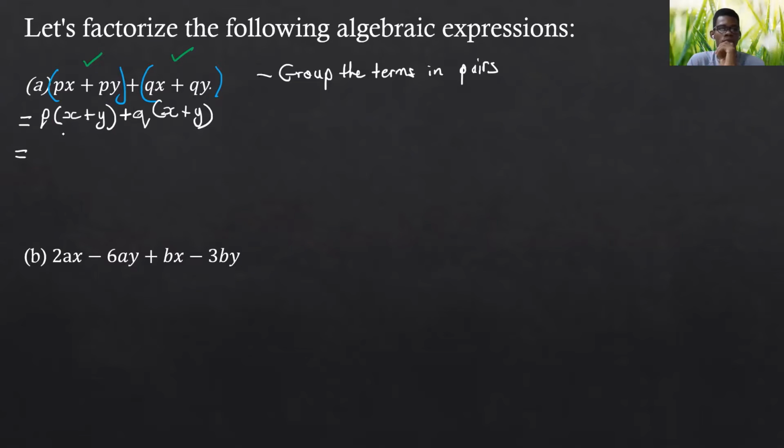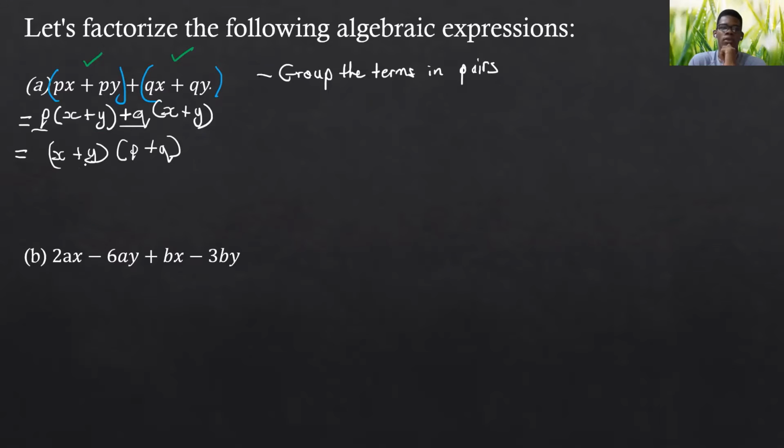The first thing to do is write back the common term in bracket, which is x plus y, and then write the terms outside. So the terms outside are p plus q, close bracket.